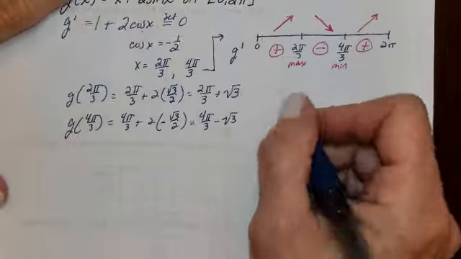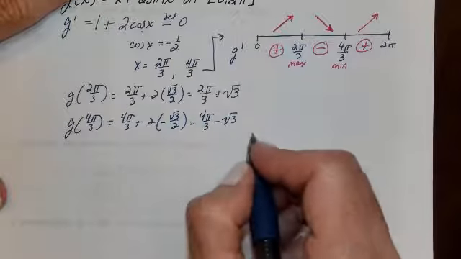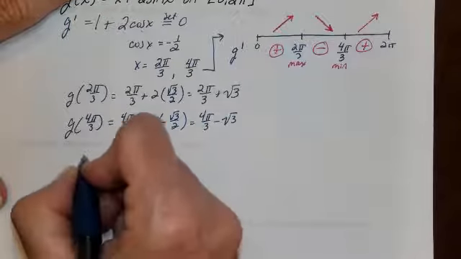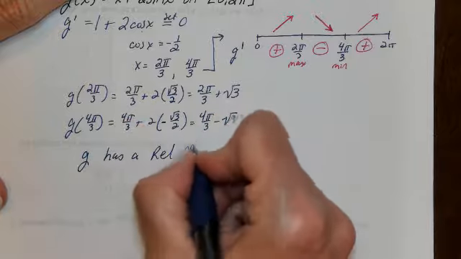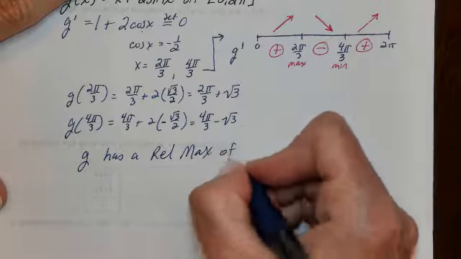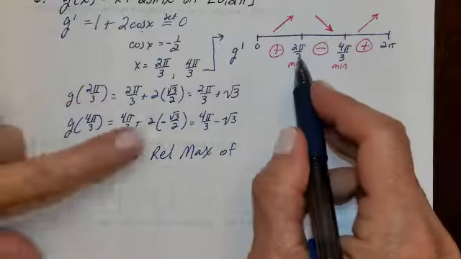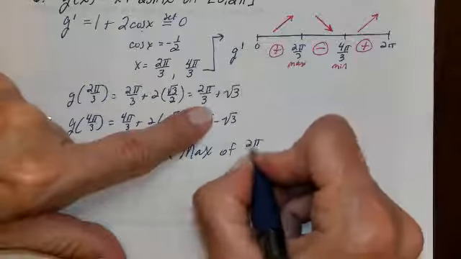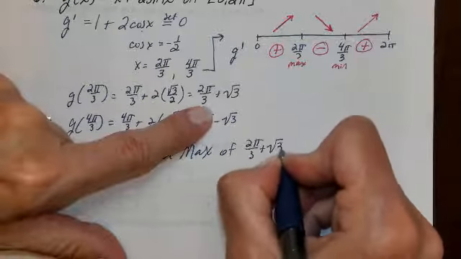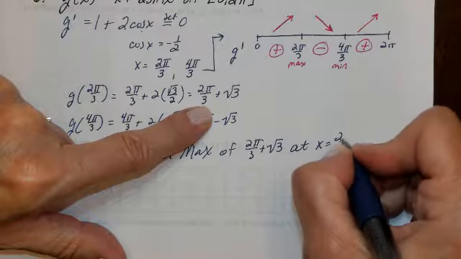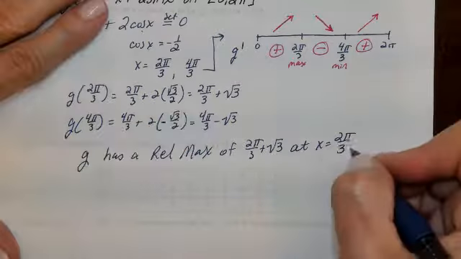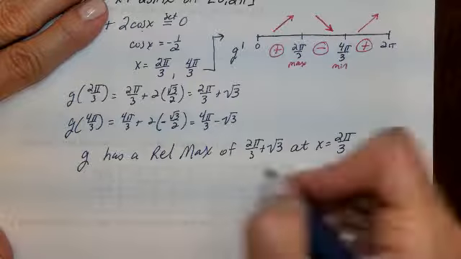So combining it and putting it as an intelligent sounding answer, I will say G has a relative max of 2 pi over 3 plus square root of 3 at x equals 2 pi over 3. Okay, justify your answer.